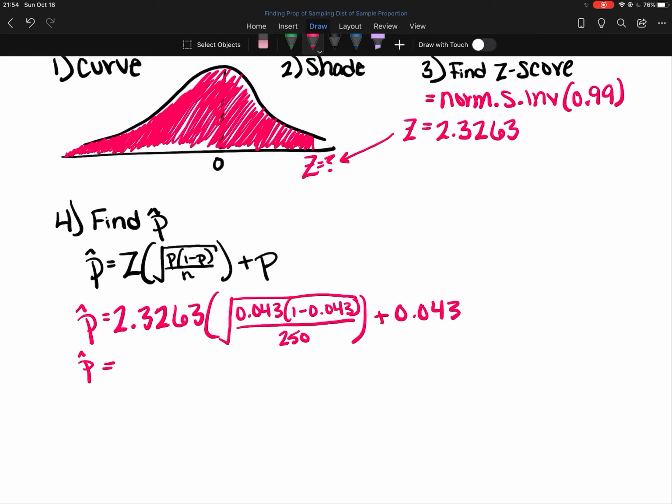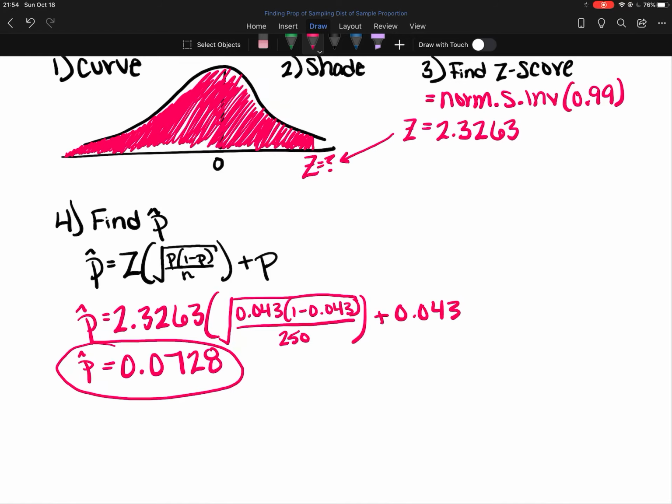You can probably plug this in all at once, but I'm not working on my graphing calculator today, so I'm being a little more cautious. So I came up with 0.0728. The unemployment rate that falls in the 99th percentile is 0.0728.